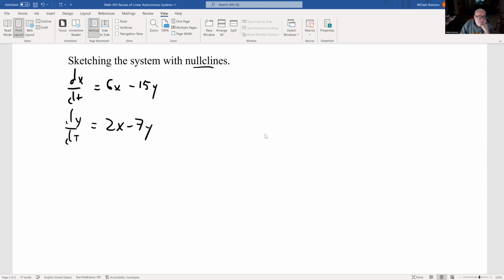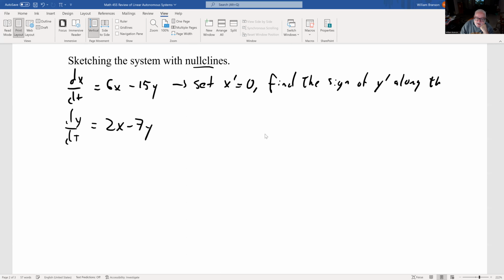So the null clines: set x prime equal to 0, and then find the sign of y prime along that curve.